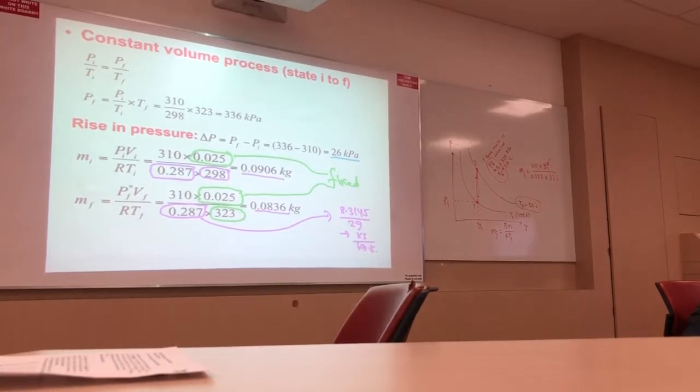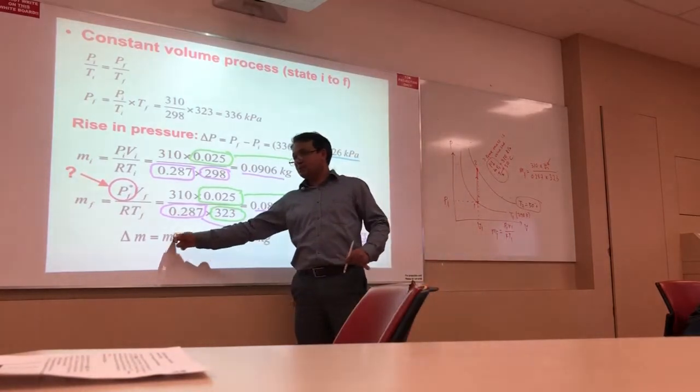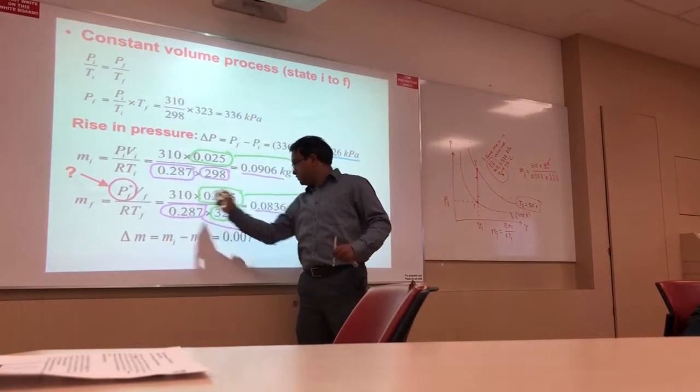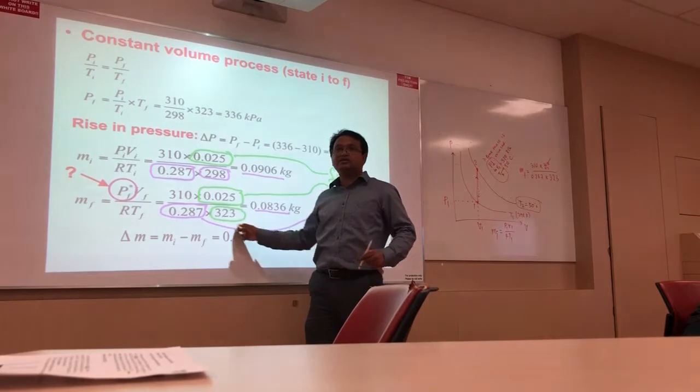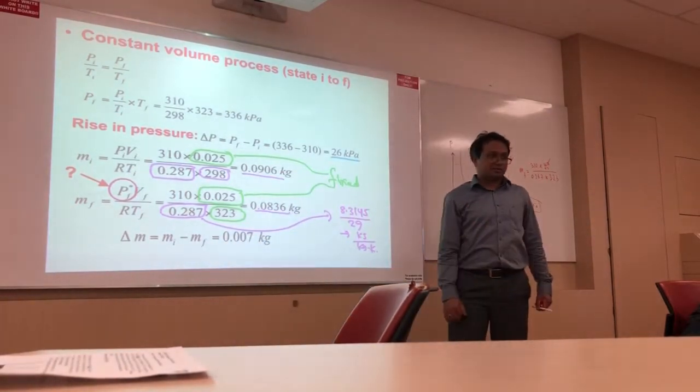So how much air is released from the system? Delta m, right? mf minus mi. This is the amount of mass that should be released from the system. mi is this value, mf is this value. This amount of air is released. Okay? This is the ideal gas concept.